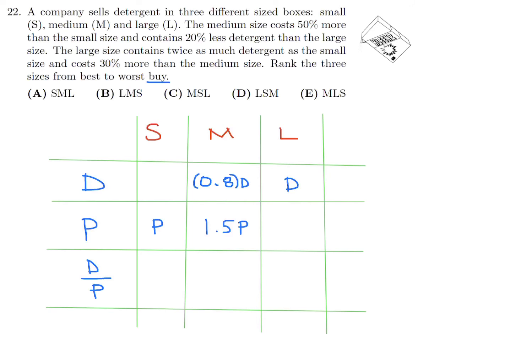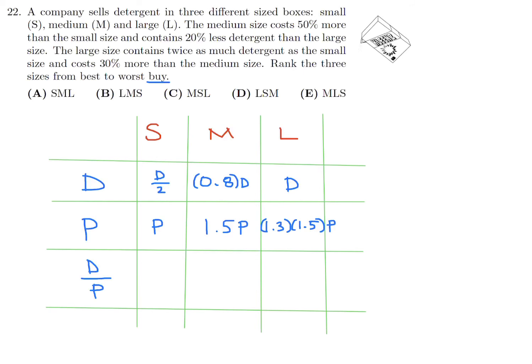The next sentence: the large size contains twice as much detergent as the small size. So if the large size is D detergent, the small would be D over 2. And it costs 30% more than the medium size, so 30% more would be 1.3 times the medium, which is 1.5P.